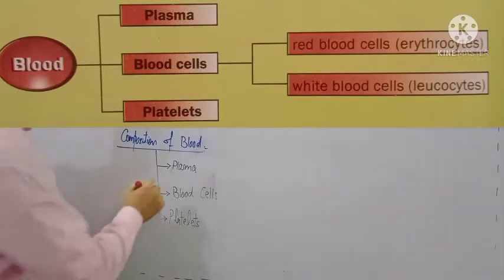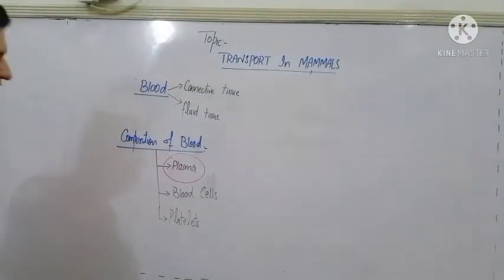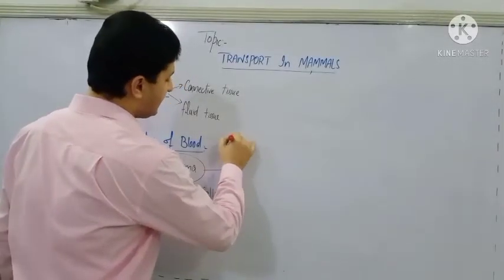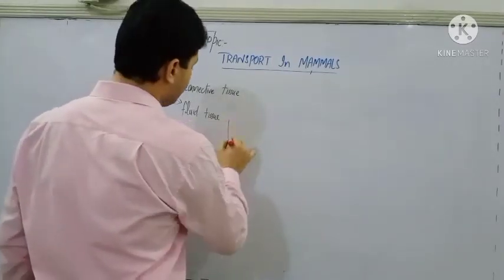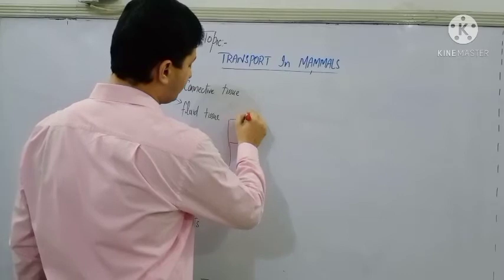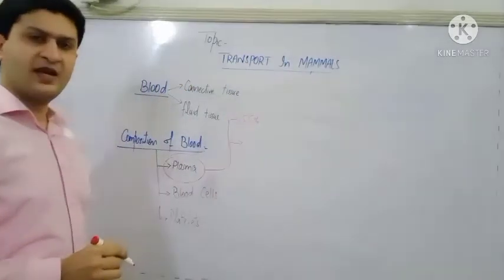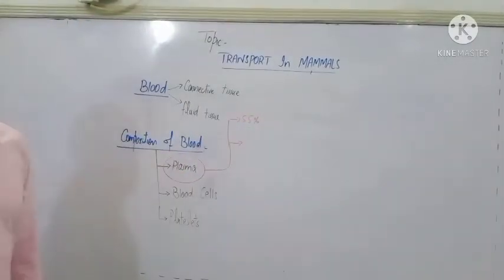Now, if we discuss the plasma, it is the major part of the blood, about 55% of our blood. It means that in our body 55% plasma is present.